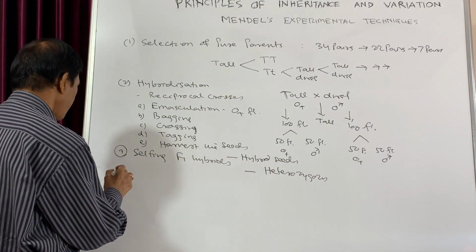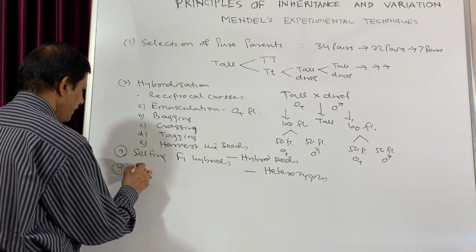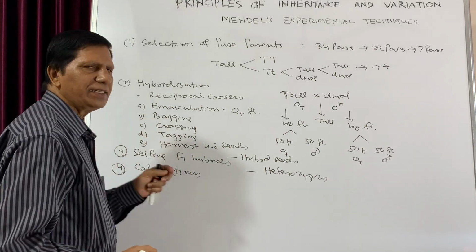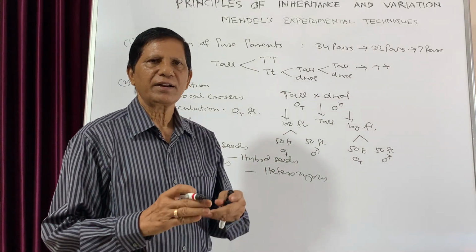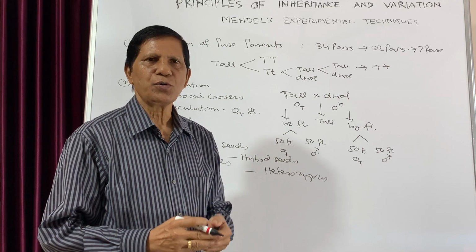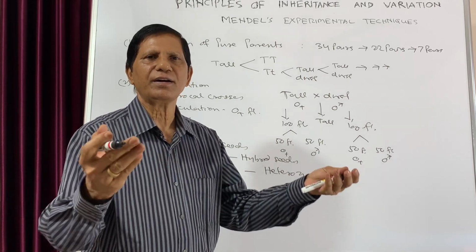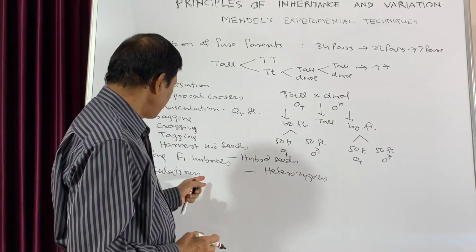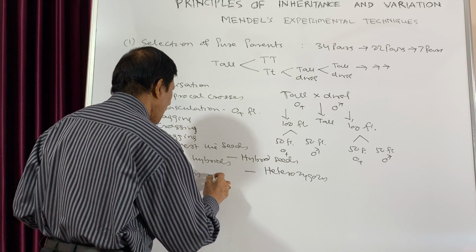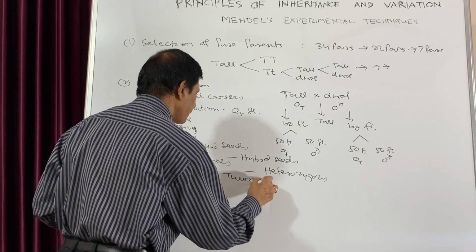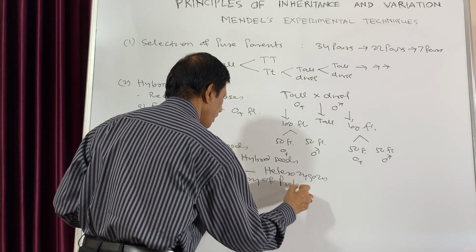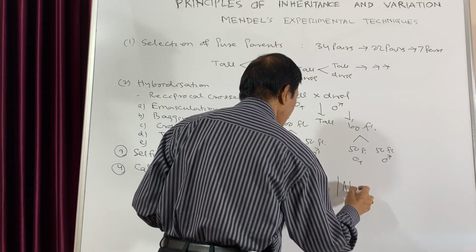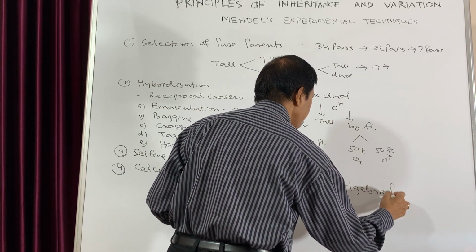Then come to the fourth point. The fourth point is calculations. Now after carrying out all these experiments, Mendel calculated the results, which were difficult to be accepted by other scientists. Because during calculations, he applied the theory of probability and algebraic formulae.